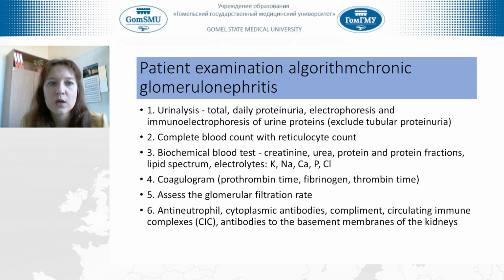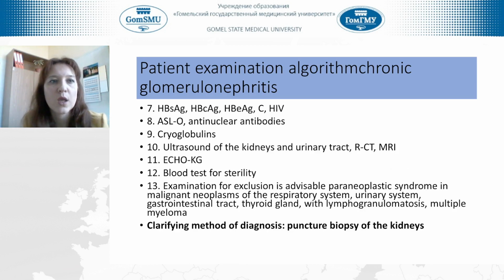Coagulogram, ESR, the glomerular filtration rate. Antineutrophil cytoplasmic antibodies, complement, circulating immune complexes, antibodies to the basement membrane of the kidney. Examination for viral hepatitis B, C, HIV infection, antistreptolysin O, antinuclear antibodies, paraproteins, ultrasound of the kidney and urinary tract, CT, MRI, echocardiogram, blood test for sterility.